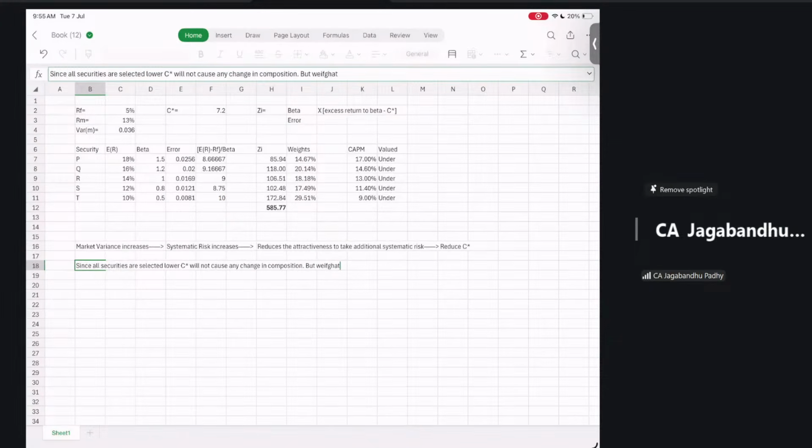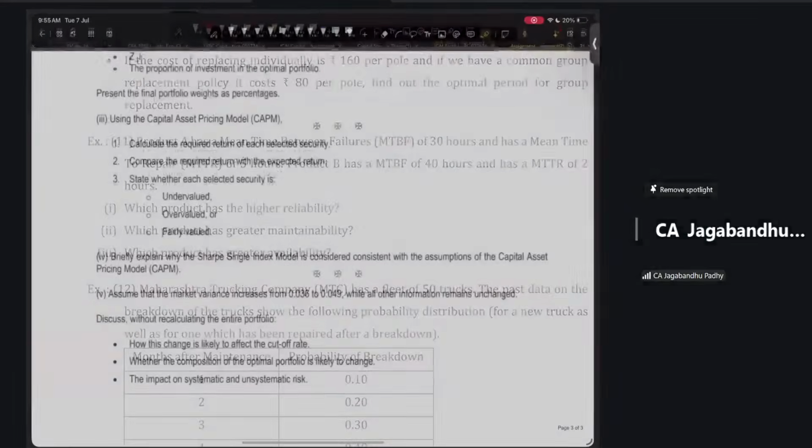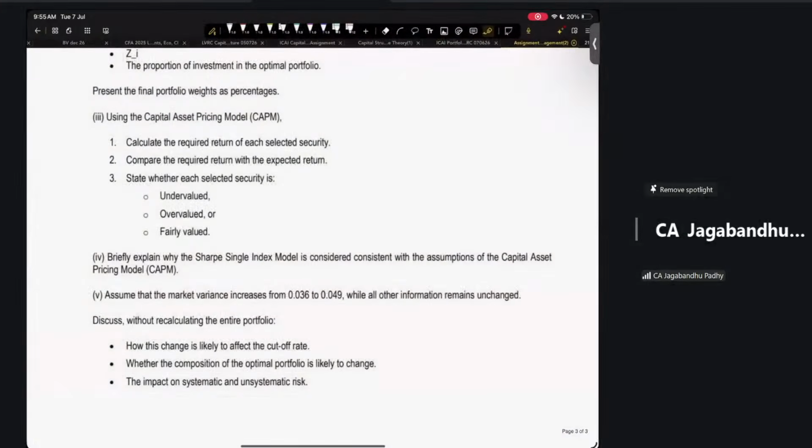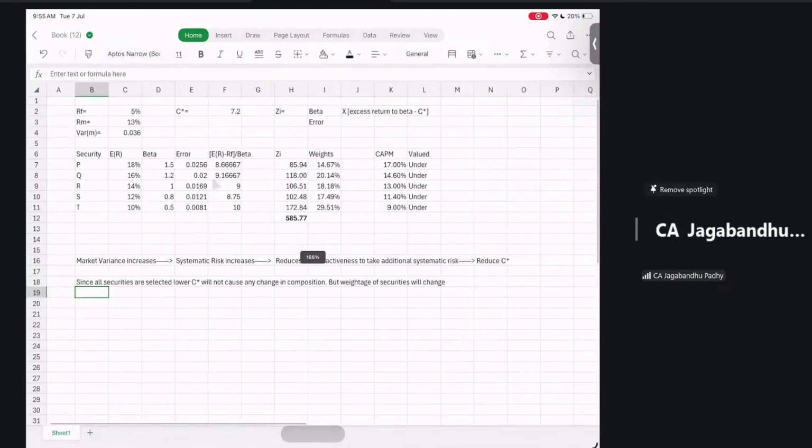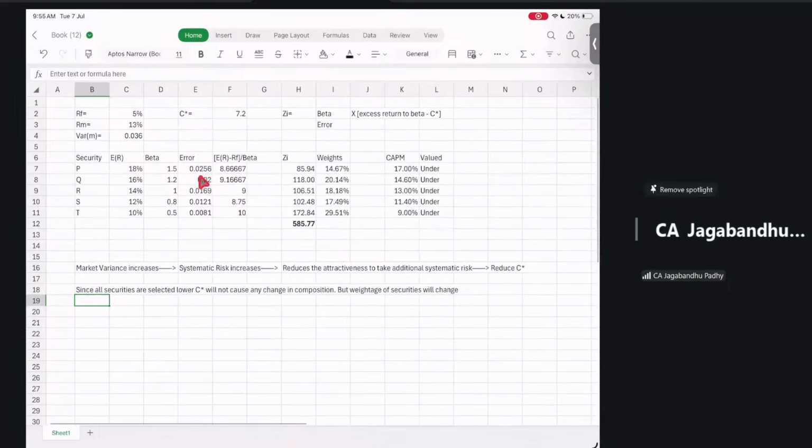But weightage of securities is definitely going to change, because in our example, all the securities had the excess return to beta values in excess of this C star 7.2, so all of them were included in our portfolio.